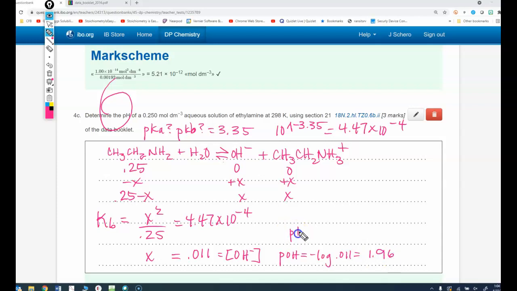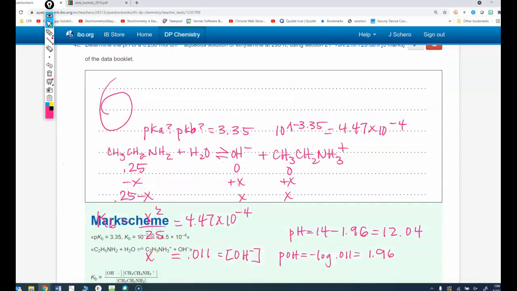That means pH will be 14 minus 1.96, which is 12.04. So hopefully we got that one right. That'd be great if we got that right. There we go.